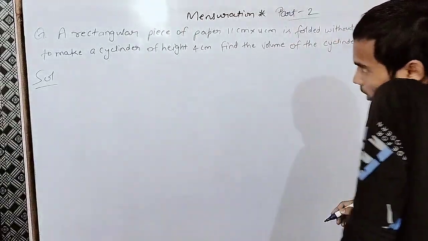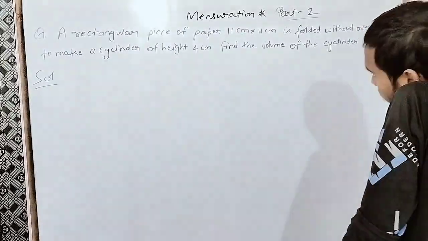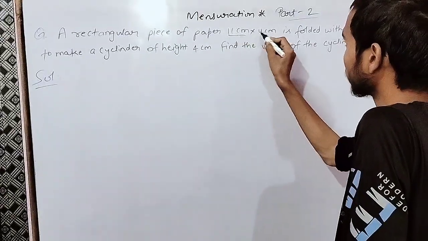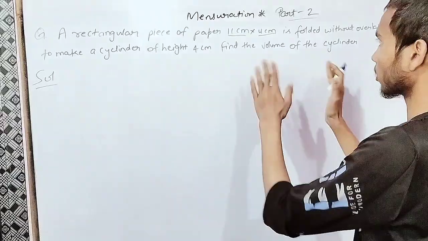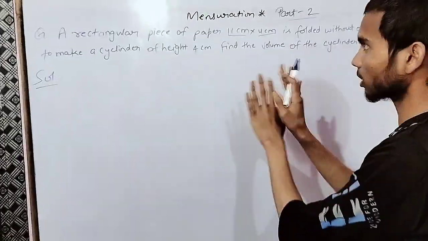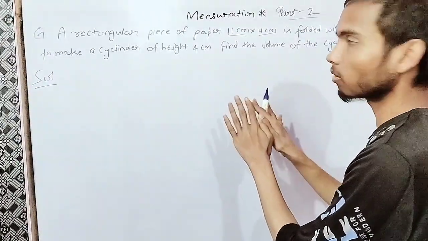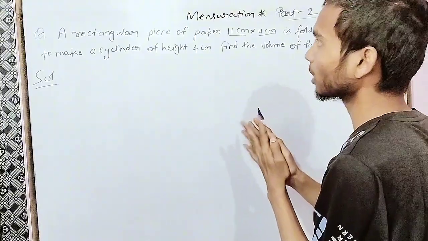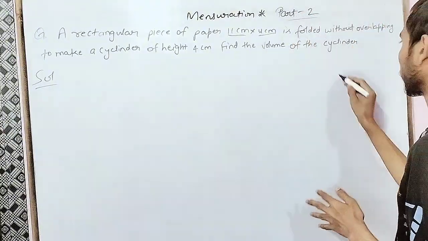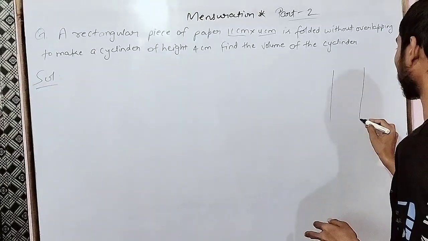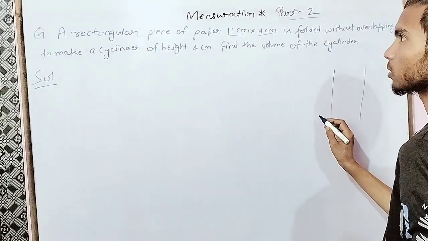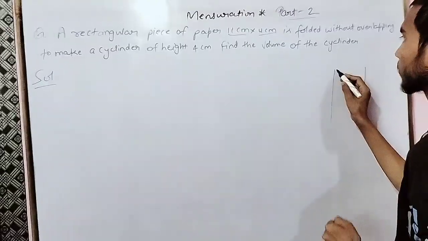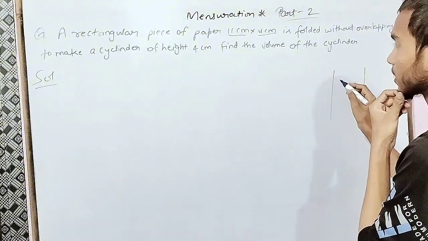A rectangular piece of paper whose length is 11 centimeter and the breadth is this is folded without overlapping to make a cylinder of a height of 4 centimeter. This is what it is talking about.